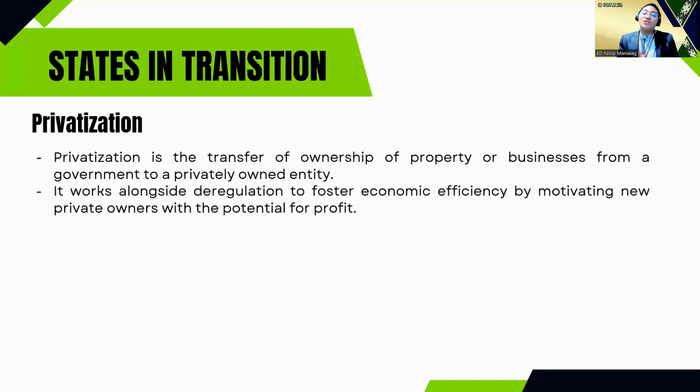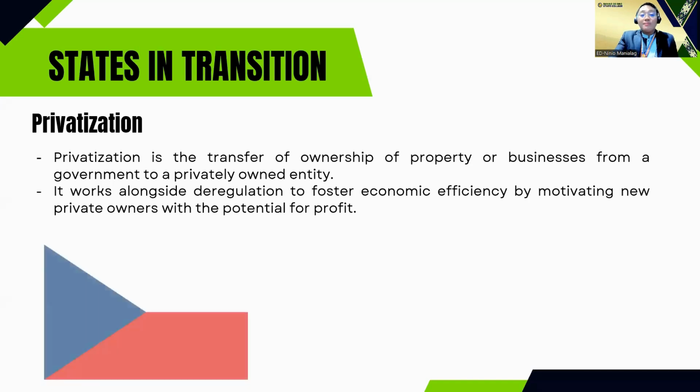This process was not just about transferring state assets, but also ensuring that these industries operated under competitive market conditions to avoid creating private monopolies. So the trend spread globally with thousands of privatizations occurring worldwide, notably in the former Soviet Union and Eastern Europe.